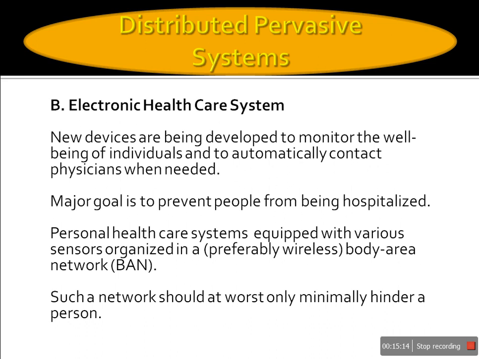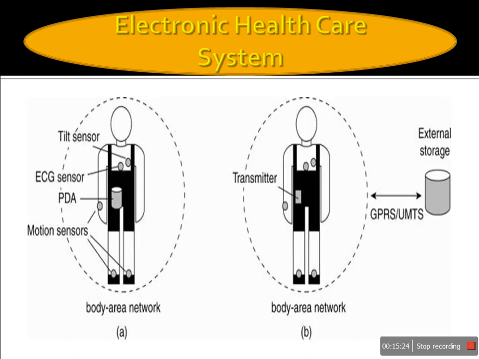Personal healthcare systems are often equipped with various sensors organized in a body area network, which is called BAN. An important issue is that such a network should at worst only minimally hinder a person.